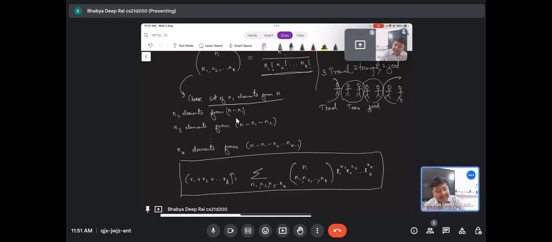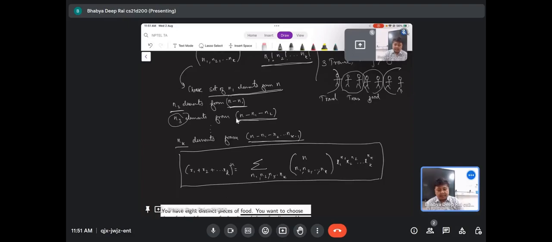Similarly, I choose n1 elements from n. From the remaining elements, that is n minus n1, I choose n2 people. And after I choose n2, what remains? N minus n1 minus n2. From this, I choose n3, and so on, I choose nk elements.